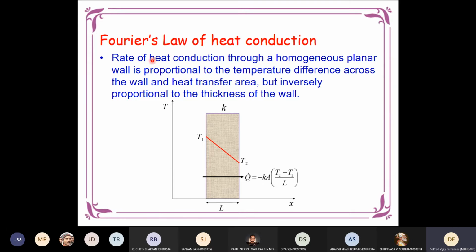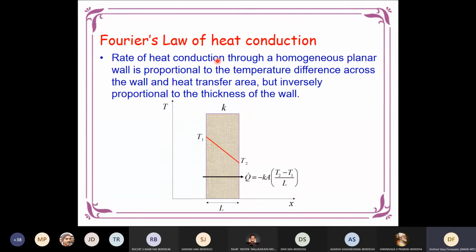Okay, so the rate of heat conduction through the homogeneous planar wall is proportional to the temperature difference across the wall and the heat transfer area. These are proportional quantities, but it is inversely proportional to the thickness of the wall.